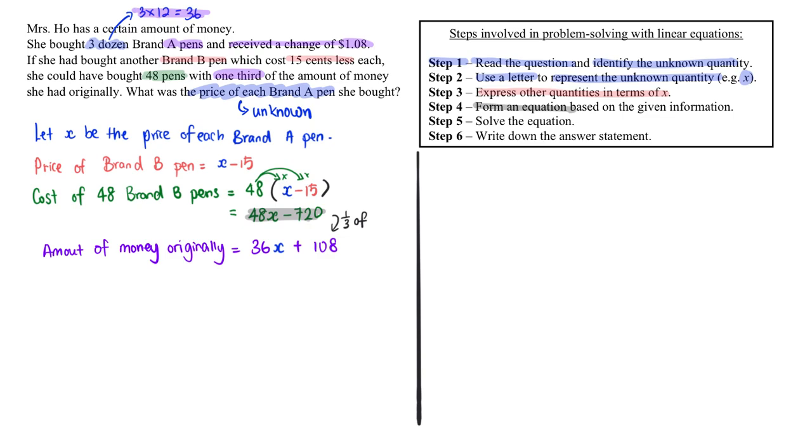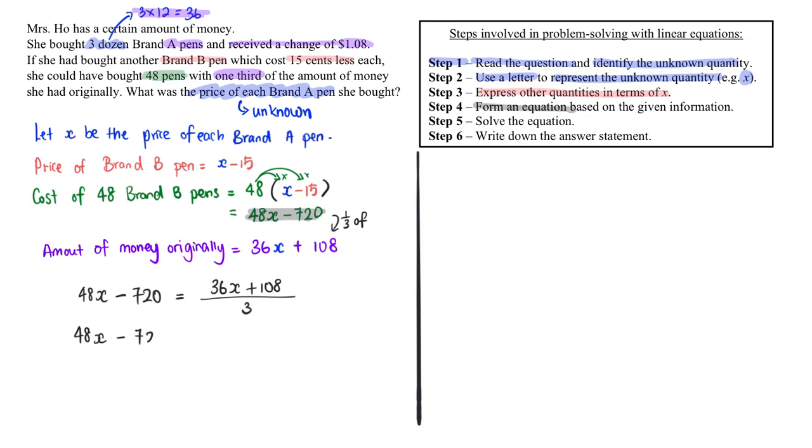This means that my 48x minus 720, that's how much I paid for 48 brand B pens, is simply equal to the original money. I'm going to divide by 3, 1/3.